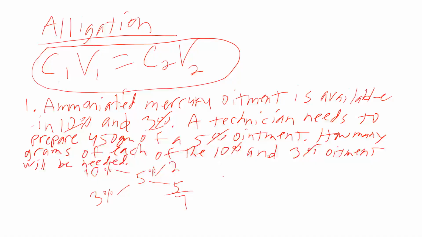Okay? So if you want to find out the 10%, you do 2 over 7, which is the total here of parts, and then you just multiply it by 450 grams, and then that would be 129 grams.